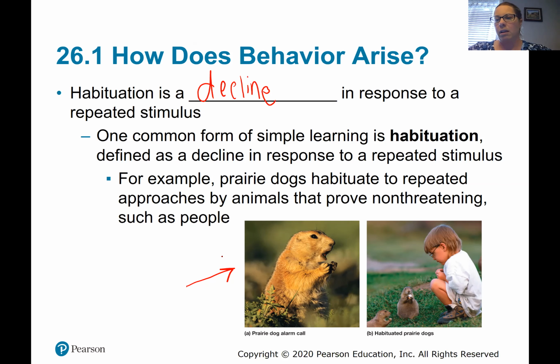If you come every day and they see that you're not a threat, that you're not there to eat them, like in this little picture here with the boy, they're not freaked out. They're not going to waste time and energy to go and hide for a non-threat. So that's an example of habituation.